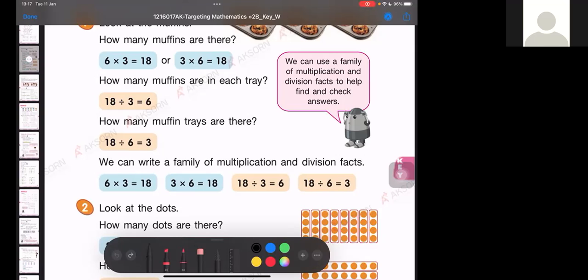And then 18 divided by 6 equals 3. Very good. So did you understand the multiplication and division facts?